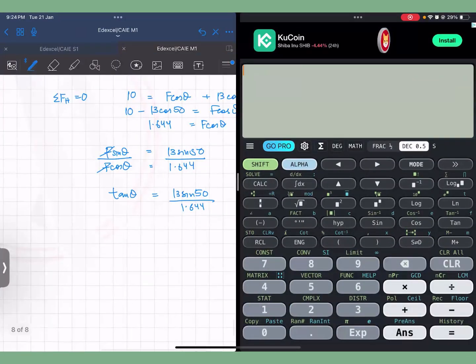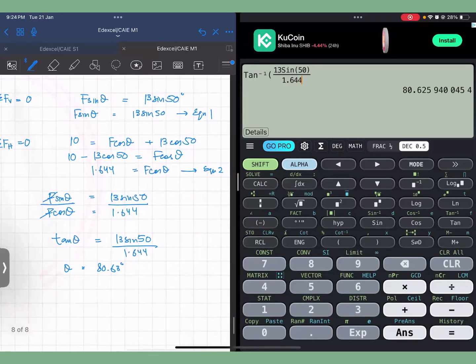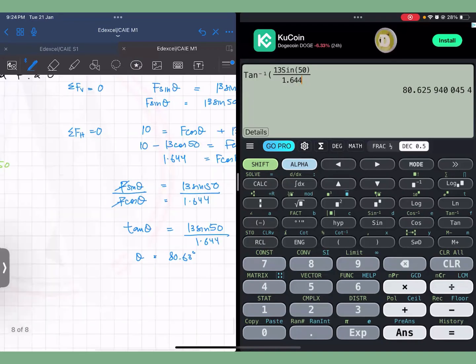Tan inverse of 13 sine 50 upon 1.644, which is 80.63 degrees. And now you want to find the value of F. You can substitute it in any of the other equations.